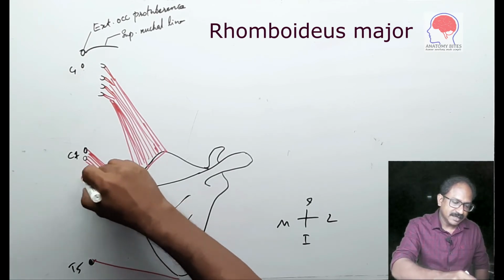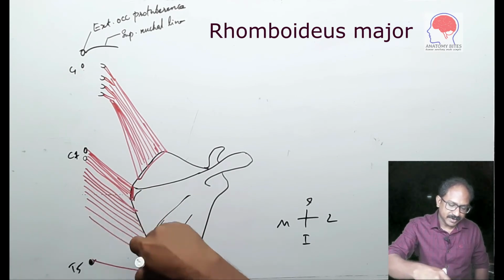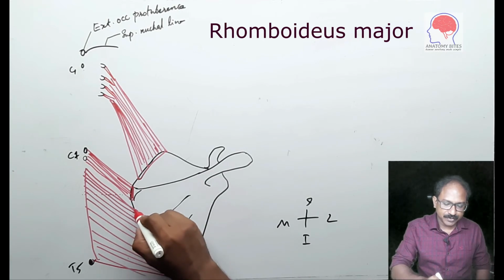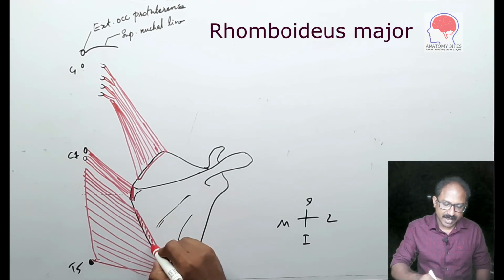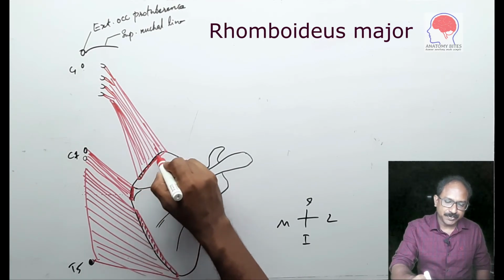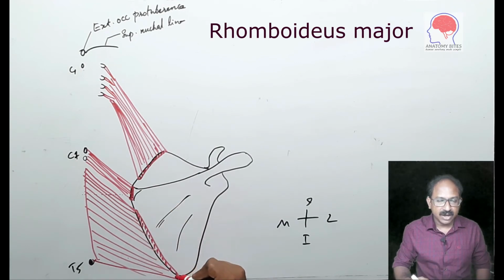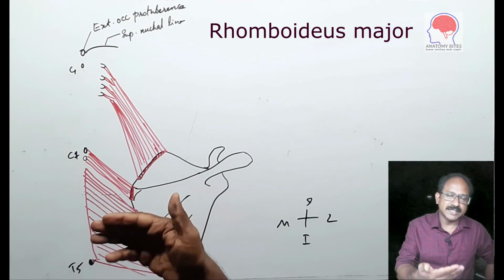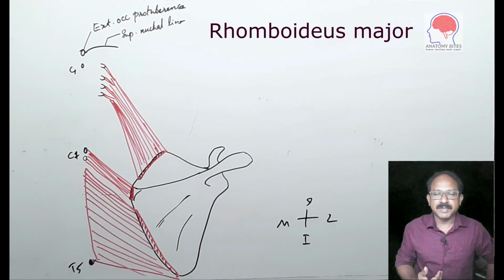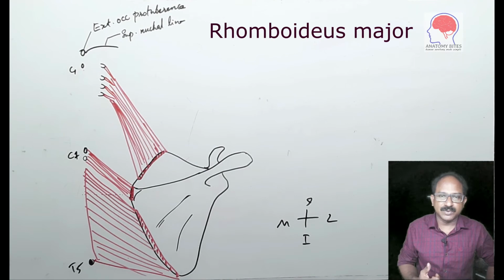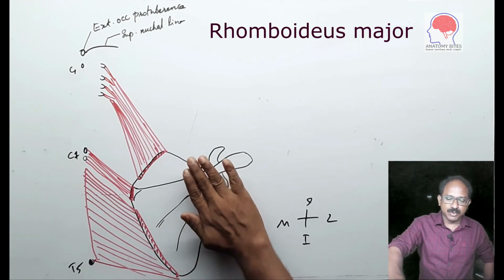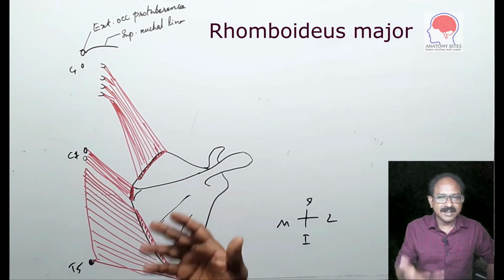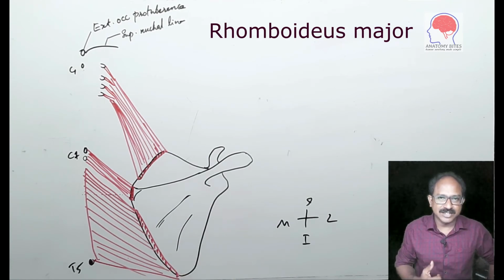This muscle is named rhomboides major. It has a strip-like insertion on the dorsal surface of the scapula close to the medial border. These two muscles, rhomboides minor and rhomboides major, help in retraction of the scapula. That means it moves the scapula more medially. So these two are the muscles which connect the scapula to the axial skeleton.